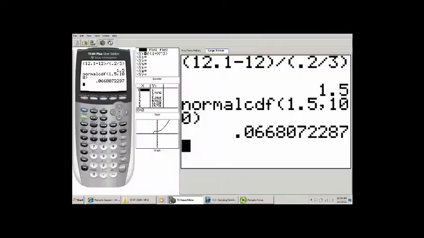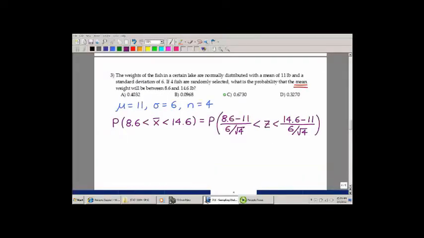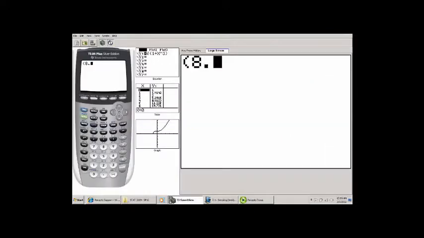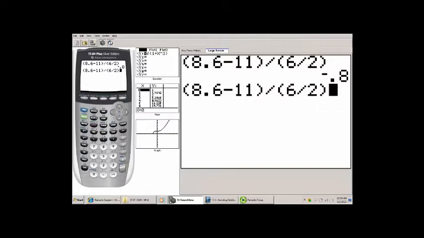So let's go back to the calculator and see what these two values are going to be. 8.6 minus 11 divided by 6 divided by 2, square root of 4. Enter. And then I'll put the same in there for 14.6.